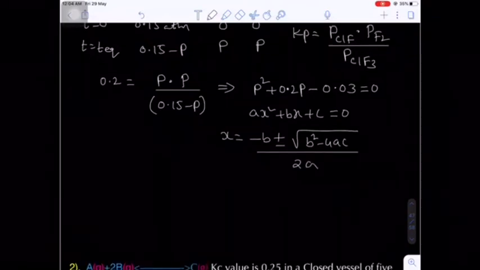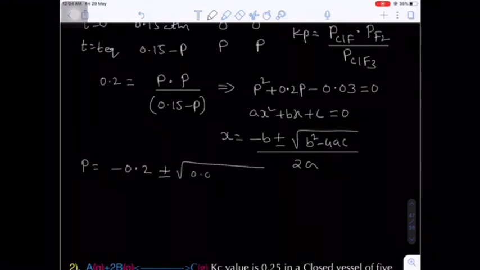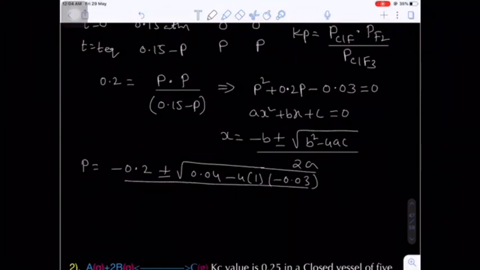Now I am solving for the root value, that is the P value. P is equal to minus b, that is minus 0.2, plus or minus under root of b square, 0.2 whole square, 0.04, minus 4 into a value 1, c value minus 0.03, whole divided by 2 into 1.